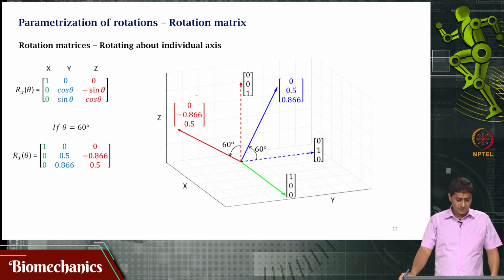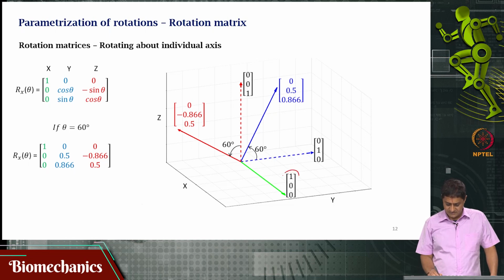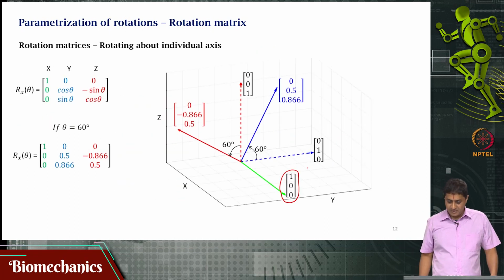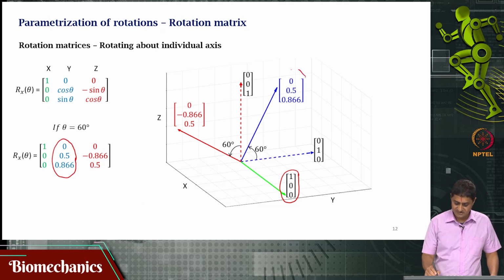If you rotate about the x axis, the rotation is not going to affect the x itself, so the vector 1 0 0 will remain the same, but what was earlier 0 1 0 will rotate by 60 degrees and will become these.